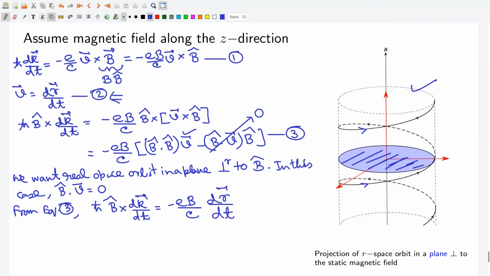Since r is lying in a plane perpendicular to the external magnetic field, I write a small subscript perpendicular.